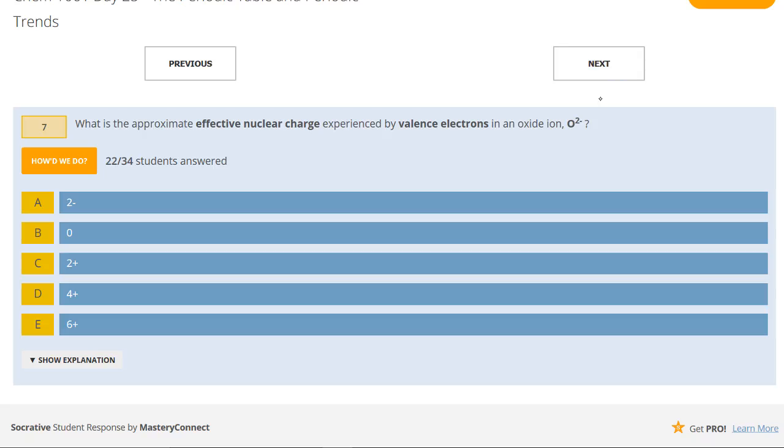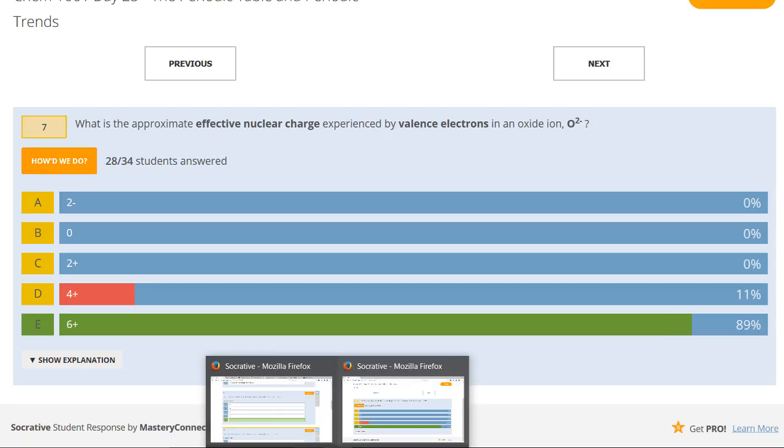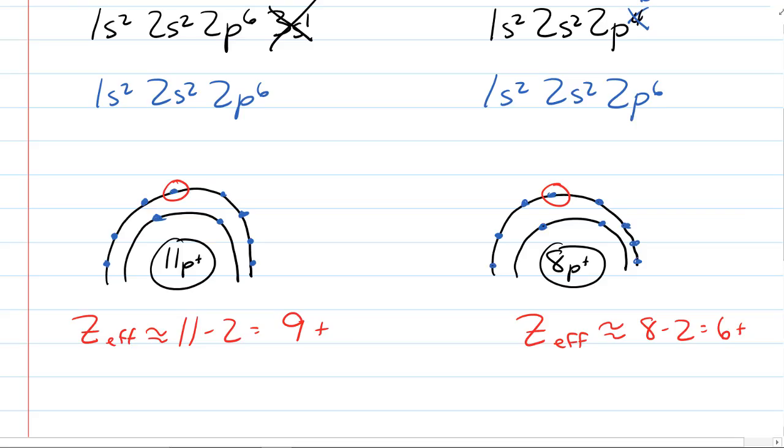And we'll count down. 5, 4, 3, 2, 1. All right, much better on this one. 6 plus. You check out your answers. Here's how we arrive at them.